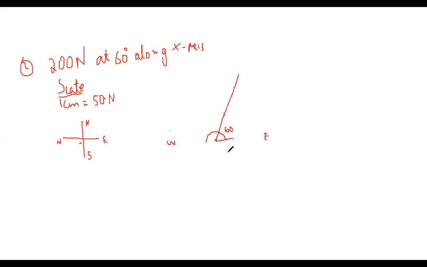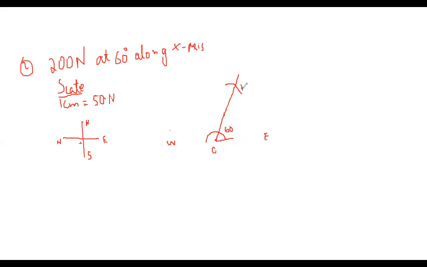Now use a compass and open your compass to 4 centimeters. Keep the compass at the point O and draw an arc of 4 cm. When you do this, you will take proper measurements, open your compass 4 cm and draw an arc over here.